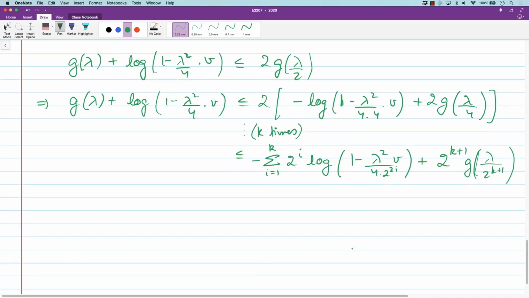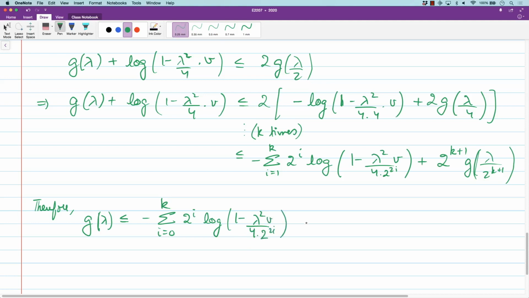Okay. Therefore, what we have is that g of lambda is less than or equal to the summation i equal to 0 to k of 2 to the power i log of 1 minus lambda square by 4 into 2 to the power 2i times v, plus 2 to the power k plus 1 times g of lambda by 2 to the power k plus 1.